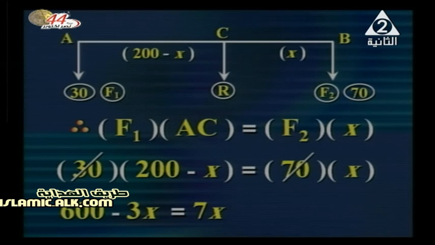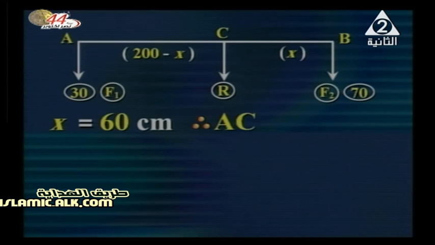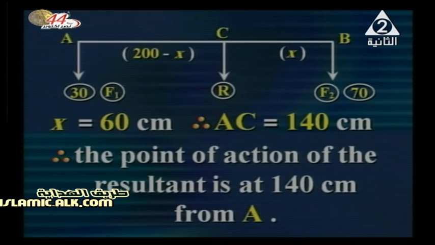By using right hand side and left hand side, 10x equals 600, therefore x equals 60 centimeter. Then R, its magnitude is 100, acts at point C at 60 centimeter from point B, or 140 from point A. Then AC equals 140 centimeter. Therefore, the point of action of the resultant is at 140 centimeter from point A.